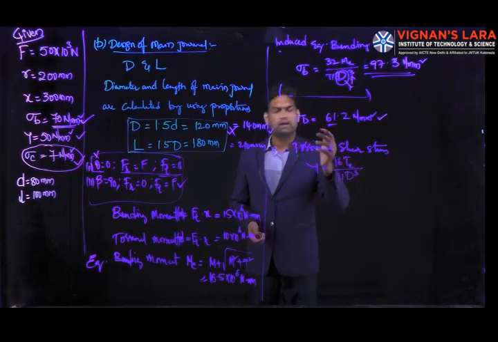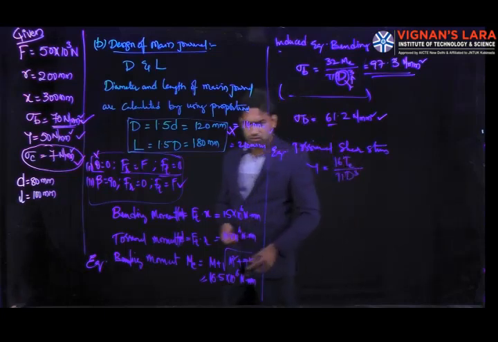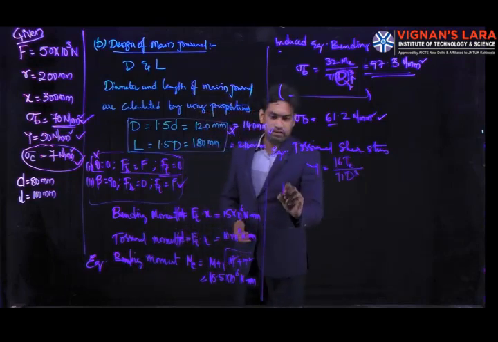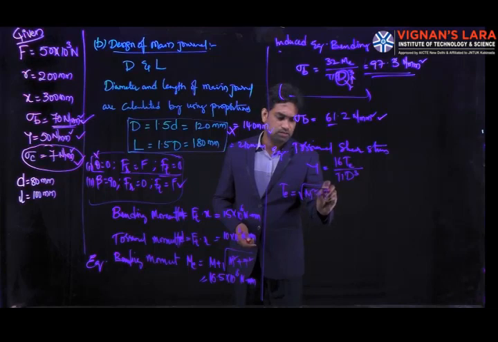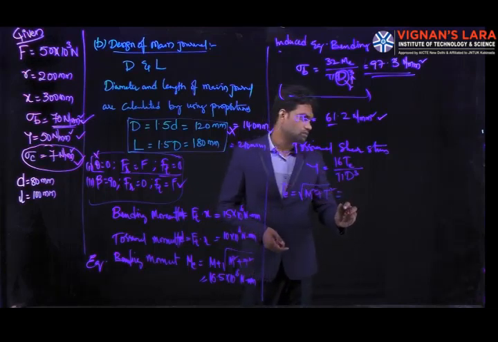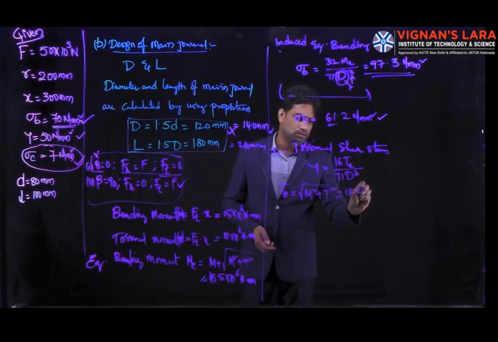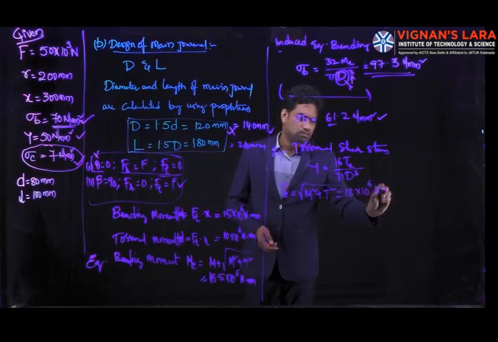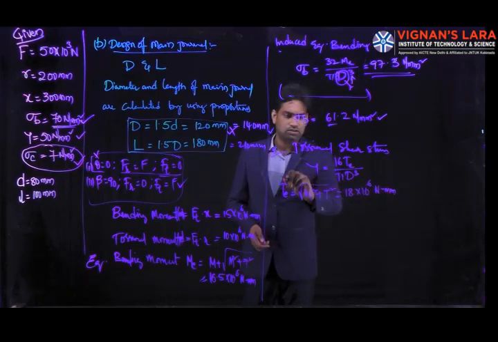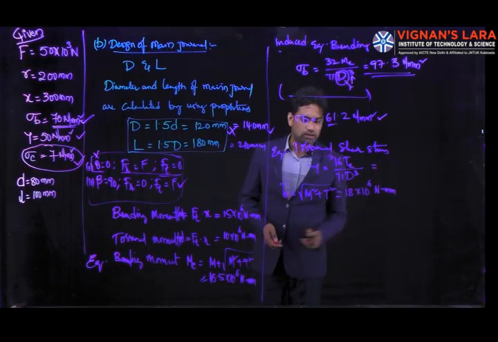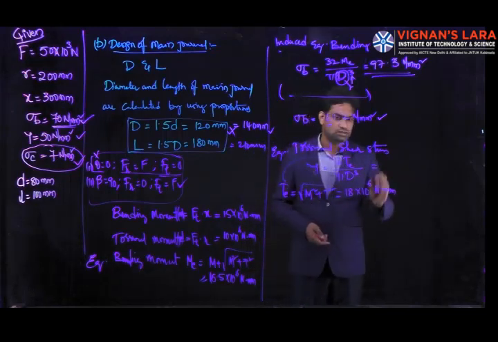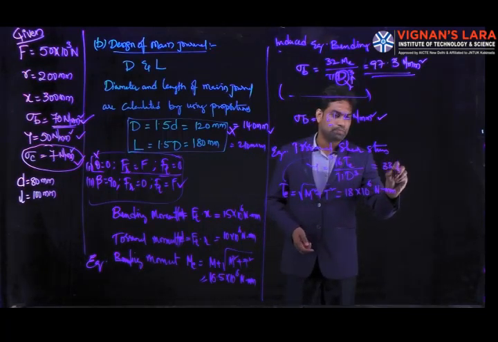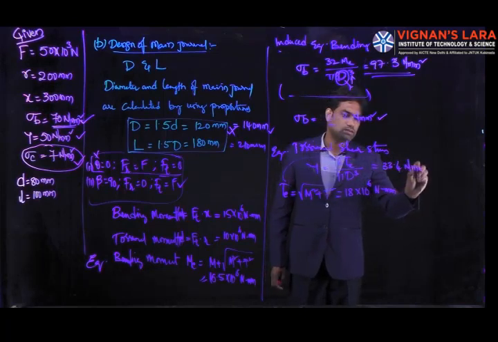We have not yet calculated the equivalent twisting moment, so we need to calculate it. Te is given by root of M square plus T square, and this value is equal to 18 into 10 power 6 Newton mm. Substituting the value in this equation, we get the maximum equivalent shear stress as 33.4 Newton per mm square.